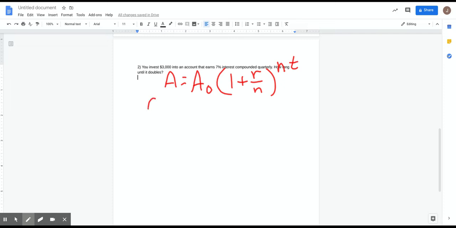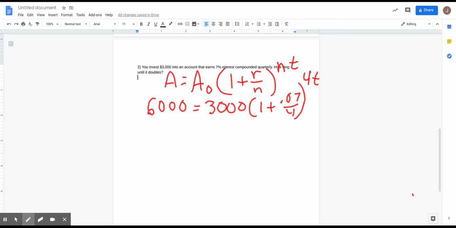So we got 6,000 equals 3,000 times 1 plus 0.07 over 4 to the 4 times t power. Now, before I go any further, I'm just going to grab my calculator and clean up inside the parentheses.